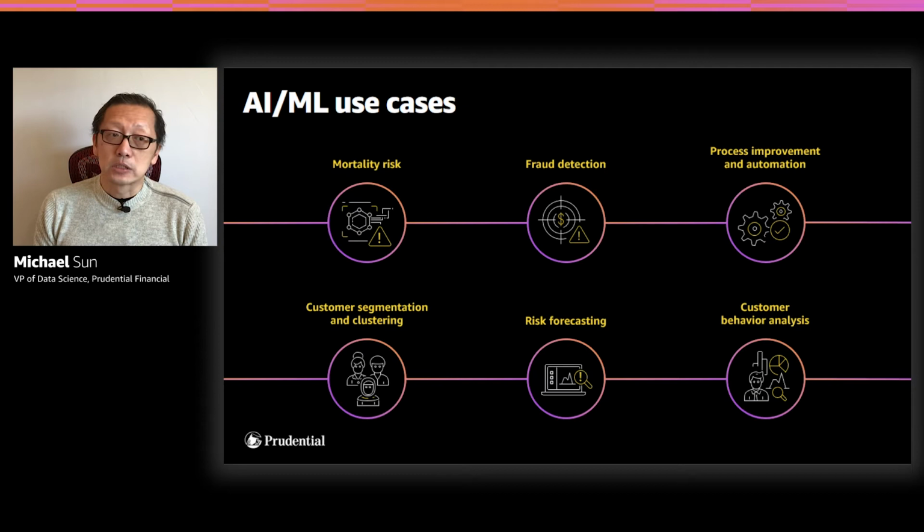So this is the future of Prudential AI/ML, and this is how it's being practiced. It's a huge part of our DNA, and we welcome everybody to take a look at us and potentially join our efforts.